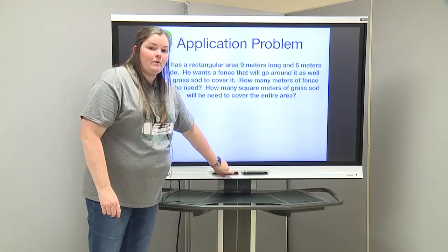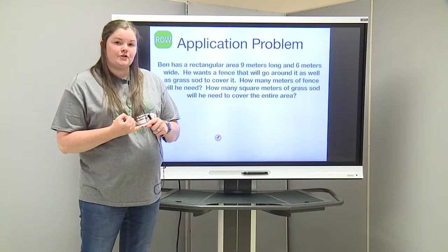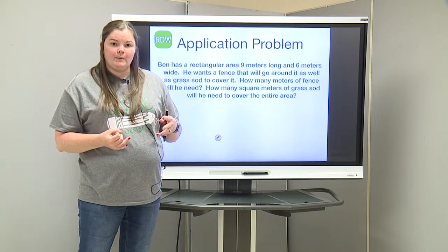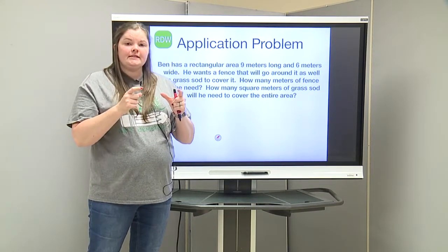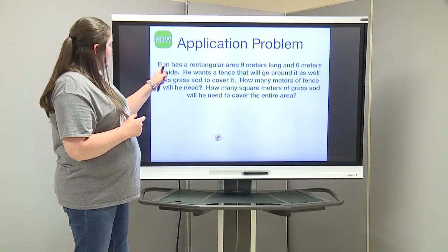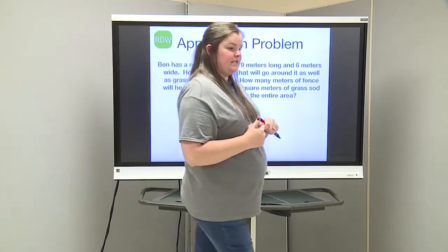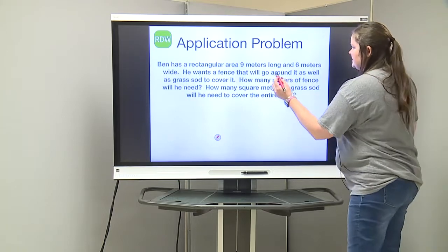Now, whenever we have a word problem, we always want to underline the important things or circle the important things that will help us keep our brains focused on those particular things. So let's look at this again. Ben has a rectangular area 9 meters long. I think that's pretty important right there, so let's underline that.